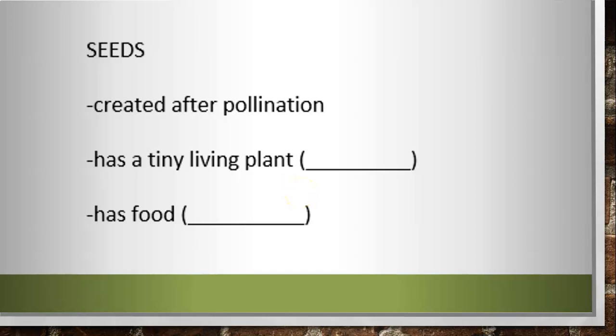And that's when it creates a seed. After pollination comes the embryo, which is really just a tiny little plant that's growing. Now, inside the seed, let's pretend this is my seed here, I've got this tiny little plant growing, and it's got a bunch of food around it.